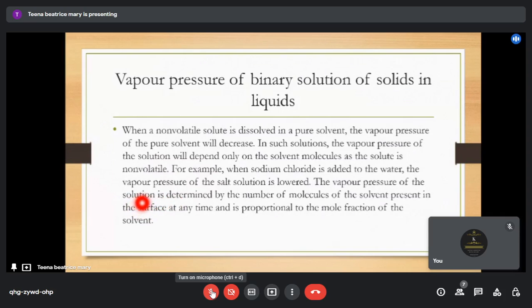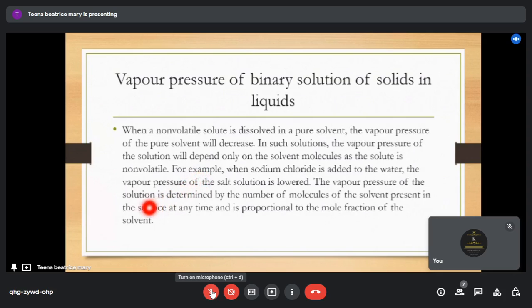Vapor pressure of salt solution ஓட vapor pressure தான் இங்க lower ஆகுது because எடுத்துக்கக்கூடிய solvent வந்து liquid solvent, right?